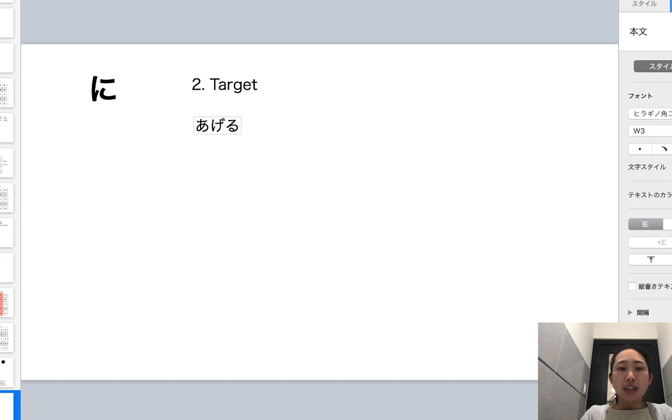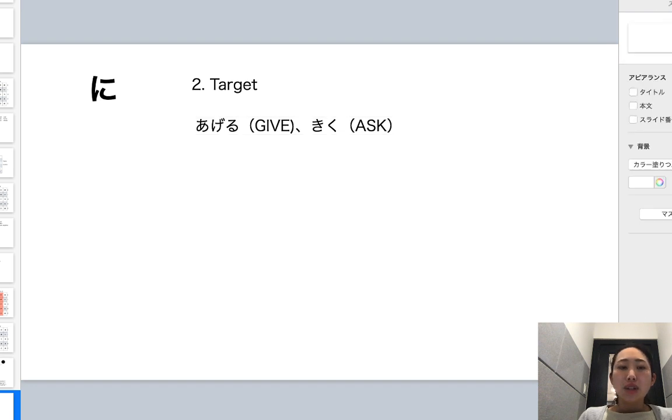Ageru is give. Kiku, ask. Yeah, these two. Let's study these two verbs and also ni.